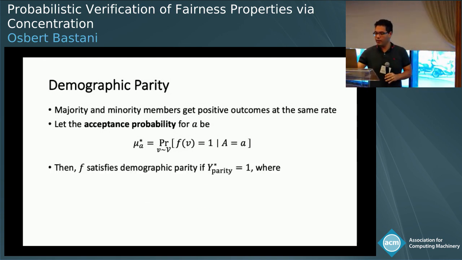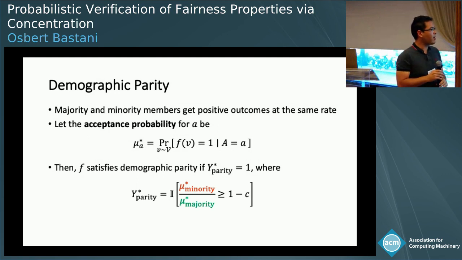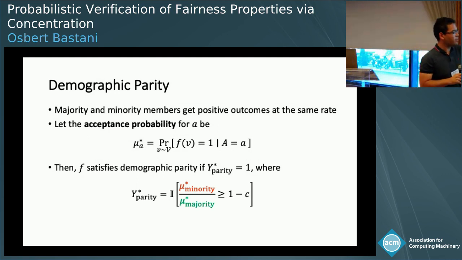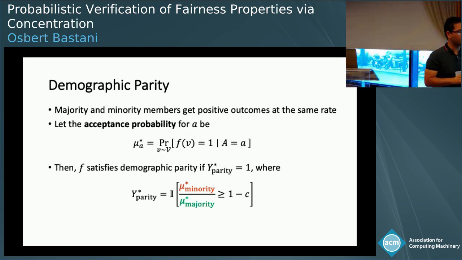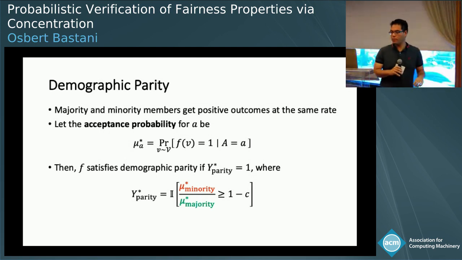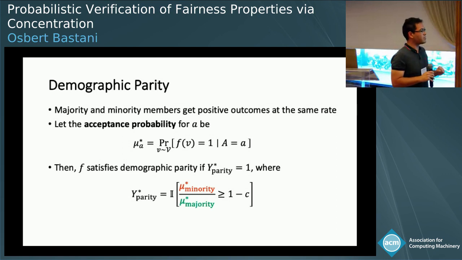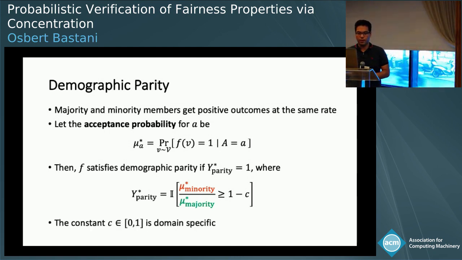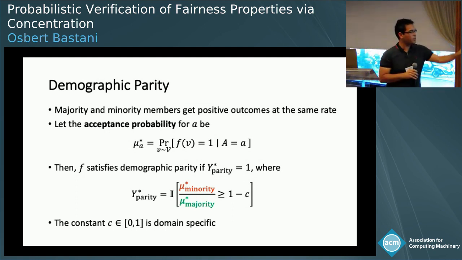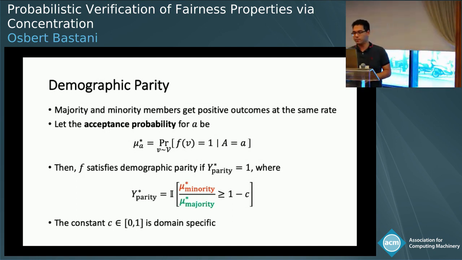And then a classifier F satisfies demographic parity if basically the ratio of the acceptance probability for the minority group divided by that of the majority subgroup is at least a constant factor. So that's just captured by this indicator Y parity star. So this value indicates whether or not F satisfies demographic parity. There is a constant C in here, and that's domain specific and has to be chosen by the user.